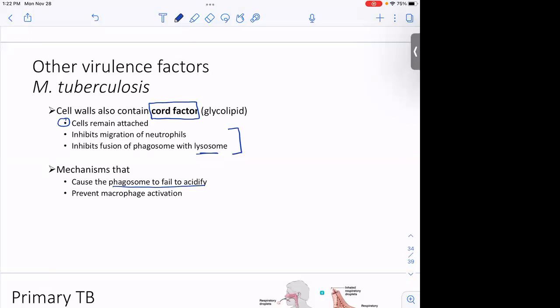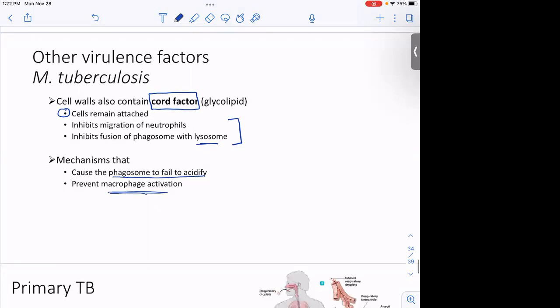We didn't really talk very much about this, but macrophages have two levels of activation: a normal, going around eating up trash, garbage in our body activation, and then an extra burst of activity. They keep the macrophages from having that burst of activity. So it gets complicated, and there's just a lot that we don't really understand about how Mycobacterium tuberculosis is successful.